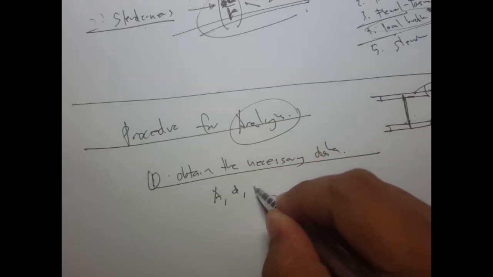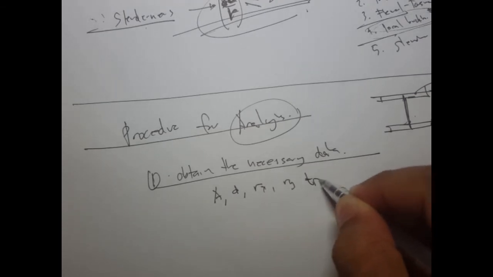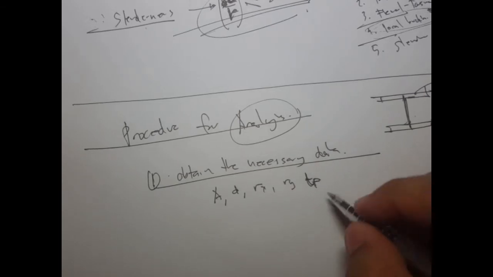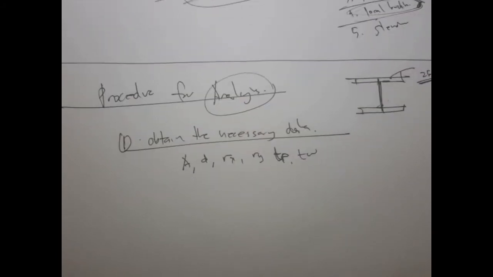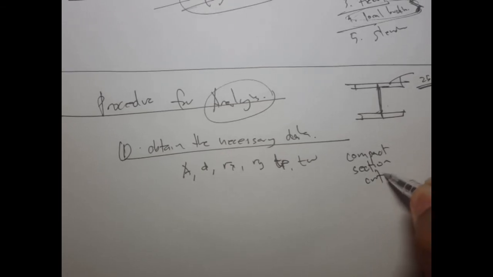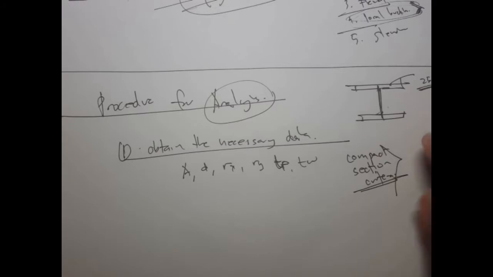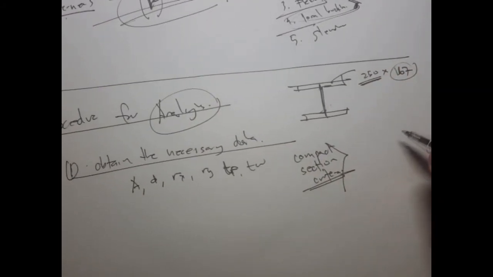For example, the Rx, Ry, the thickness of the flange, thickness of the web, or you can refer to the compact section criteria. If it's available, then we can just use it.